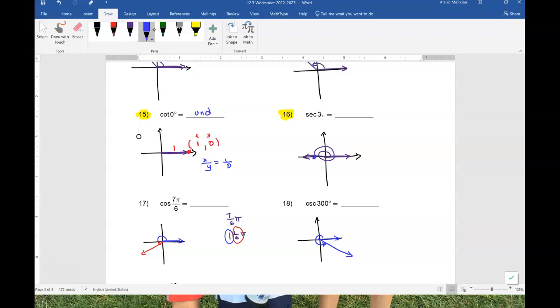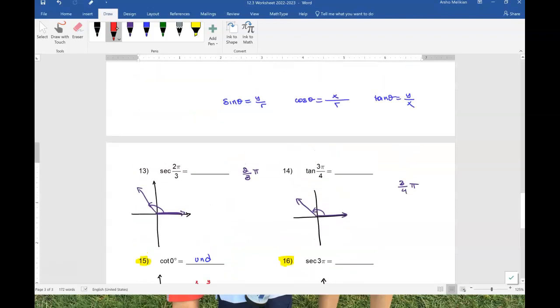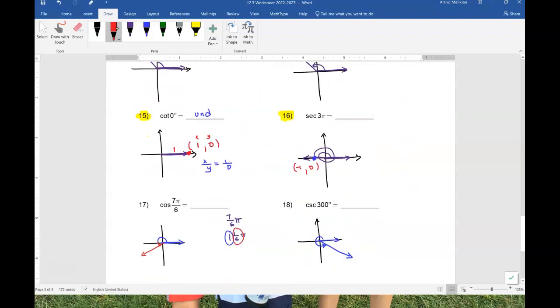Okay, here, let's come up with a coordinate point. What would the coordinate point be over there? If the radius is 1, how much would it be? -1 and 0. -1 comma 0. Okay, so secant is the reciprocal of cosine, so it's r over x, which is 1 for the radius, over -1, which is -1.